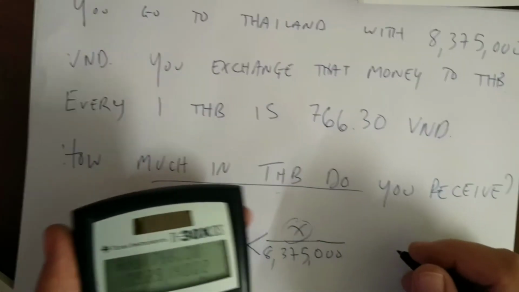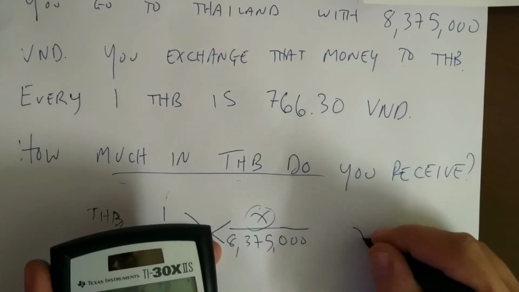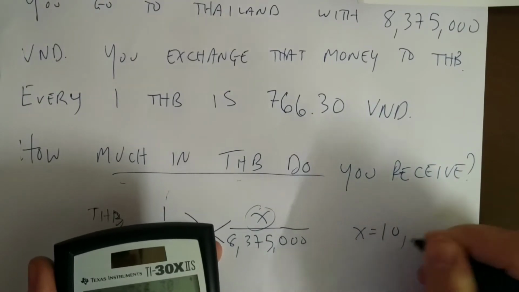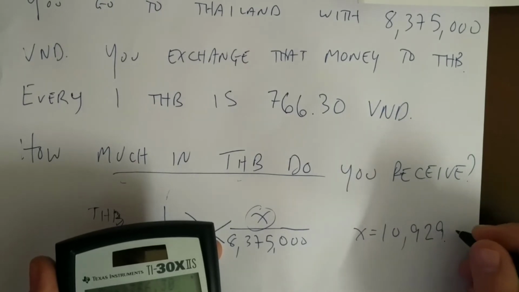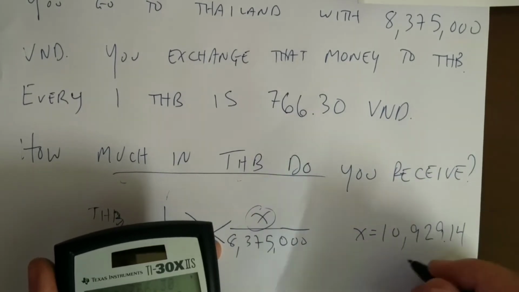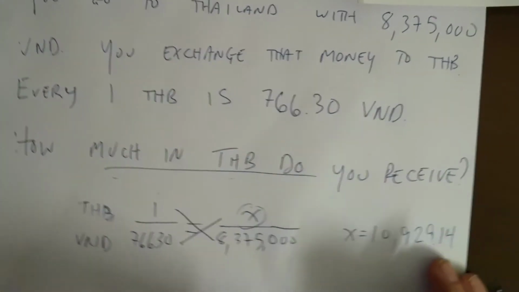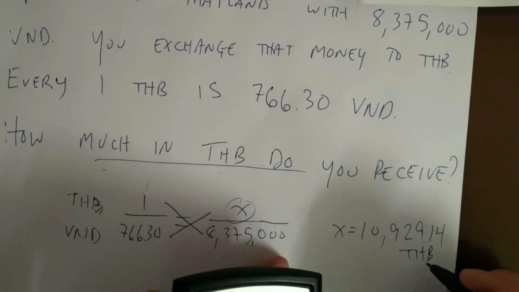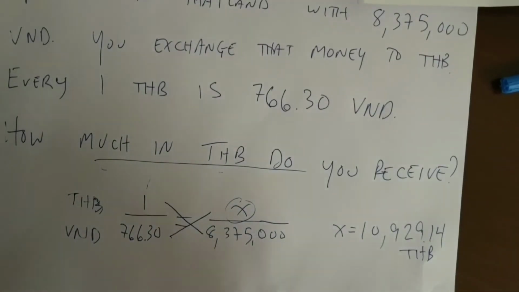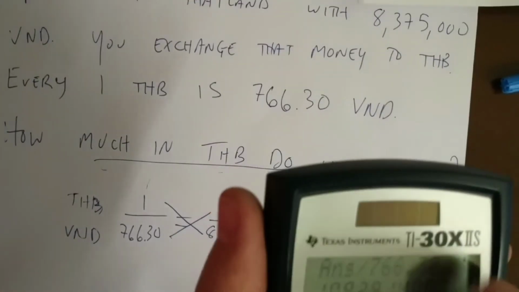And we get x is equal to 10,929.14 Thai baht, which would round to 10,929 because they don't have change that specific in Thailand.